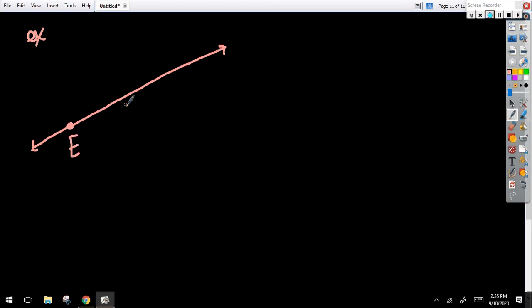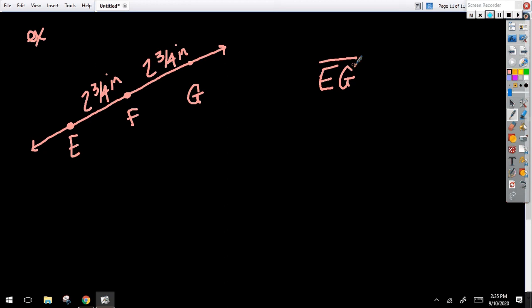E, F, and G. This is 2 3/4 inches. This is 2 3/4 inches, right? How might you find the measure of segment EG? You want to pause and mark this? I hope this one's easy enough for you to see.